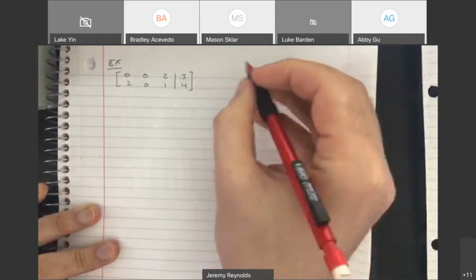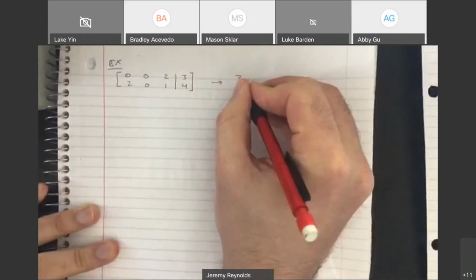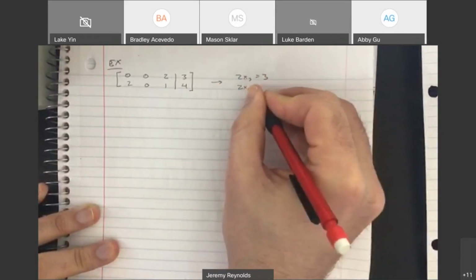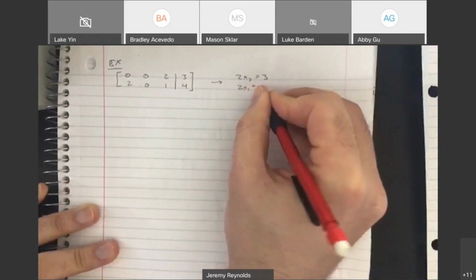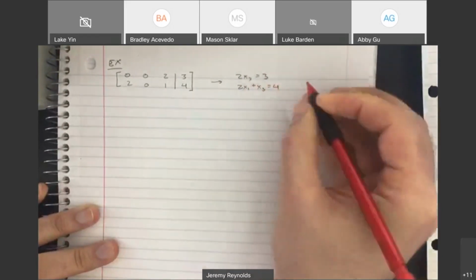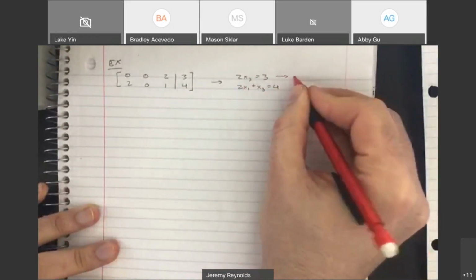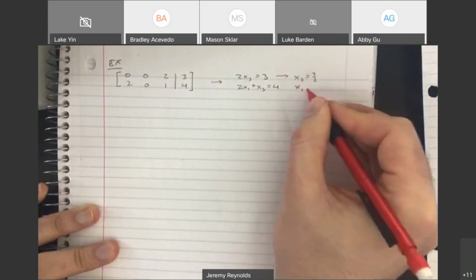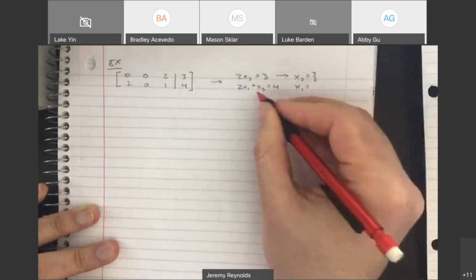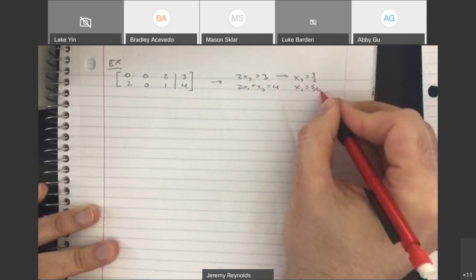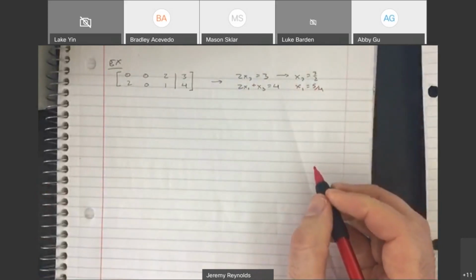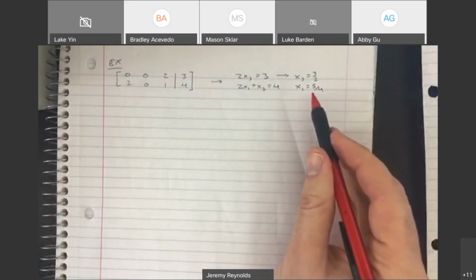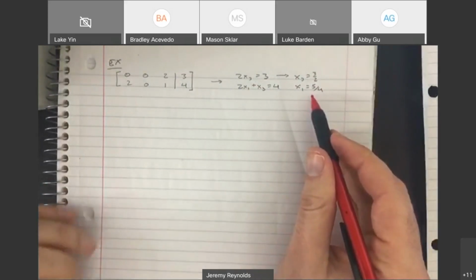Okay. So what is this? This is equivalent to 2x3 equals 3 and 2x1 plus x3 equals 4. We can solve this pretty easily, and we get that x3 equals 3 halves, and x1 equals 1 half and 5 fourths. So we should get this solution when we do our Gaussian elimination.